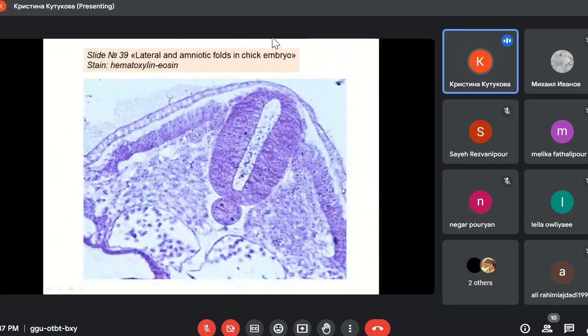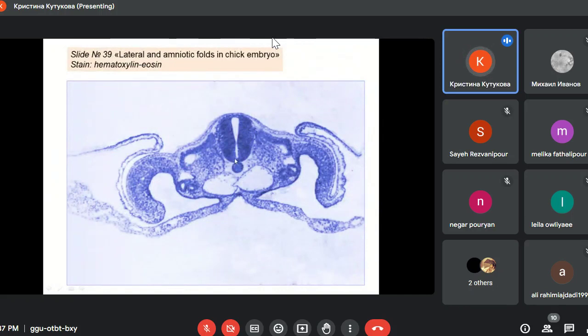So here are the same neural tube and notochord. The somites developed into dermatome, myotome, and sclerotome. In the nephrogonotomes, the tubules of nephrons and organs of the reproductive system are already developing, and these are the parietal and visceral layers of lateral plate mesoderm.